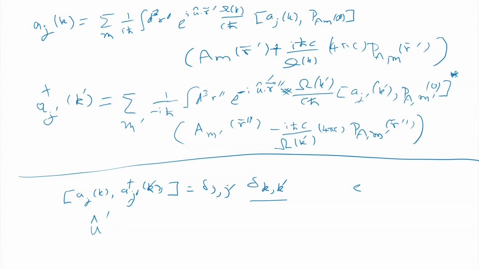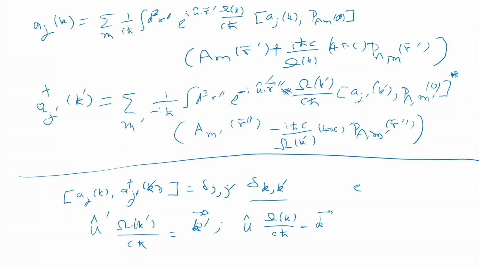I'm going to assert that the u dash unit vector times omega k dash divided by c h bar is equal to k dash vector, and u vector times omega k over c h bar is k vector.